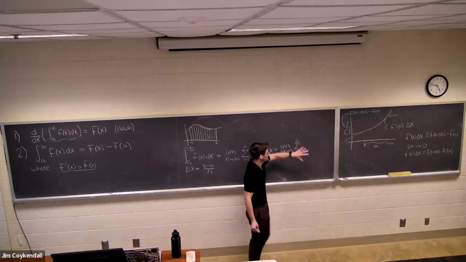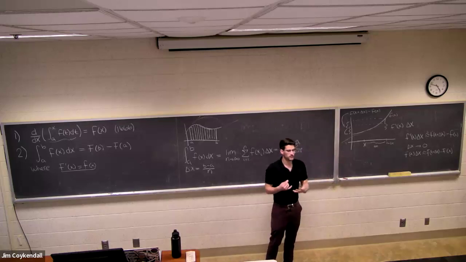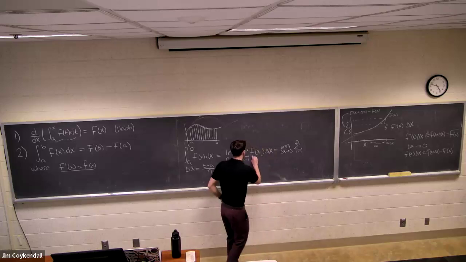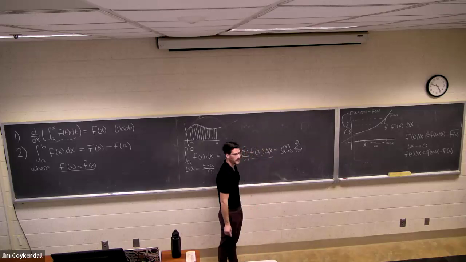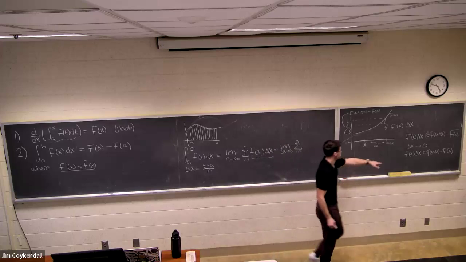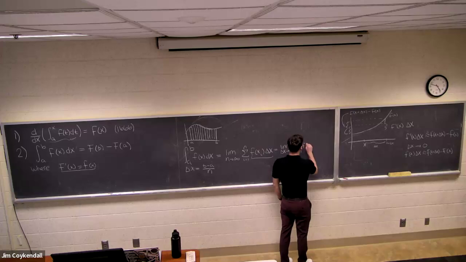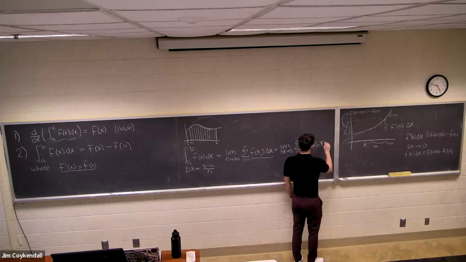And because change in x is going to 0, you have to trust me that these errors are going to go away. Instead of f of xi, change in xi, I'm going to put this: antiderivative of xi plus change in x minus antiderivative of xi.